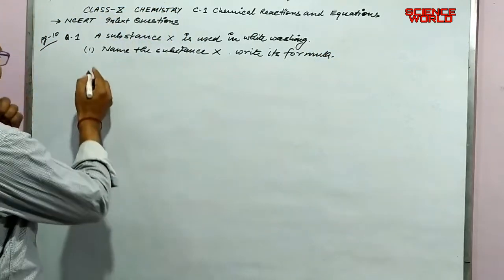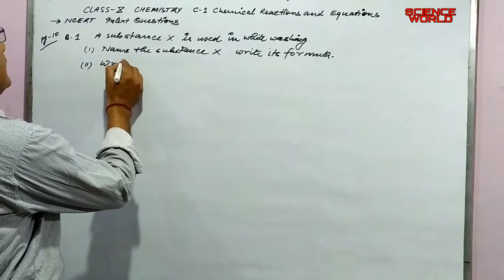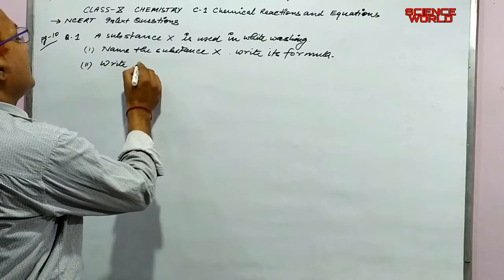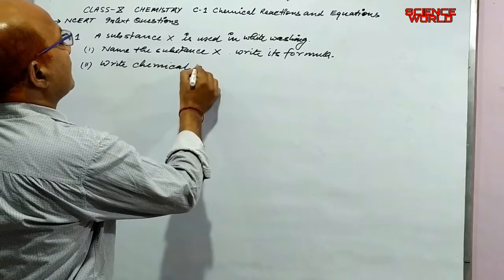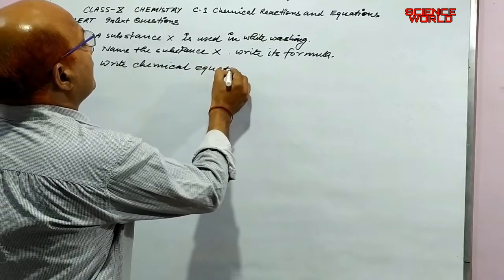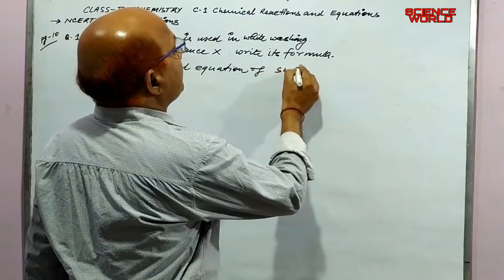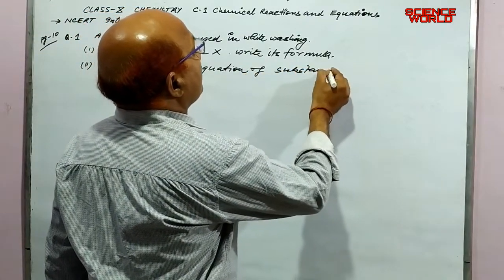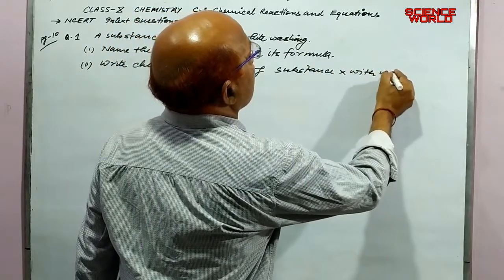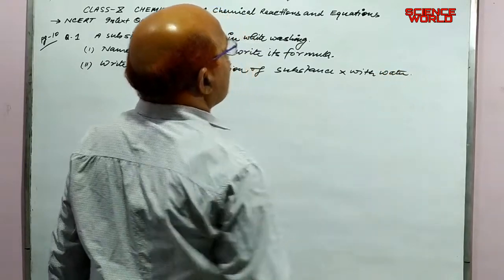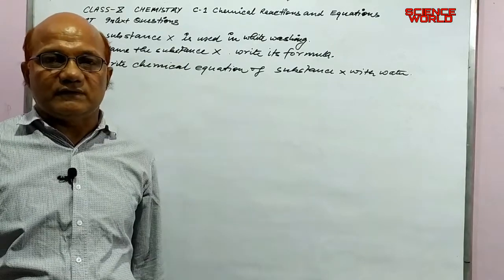The second part is, write the chemical equation of substance X with water. This is the question. A substance X is used in whitewashing.